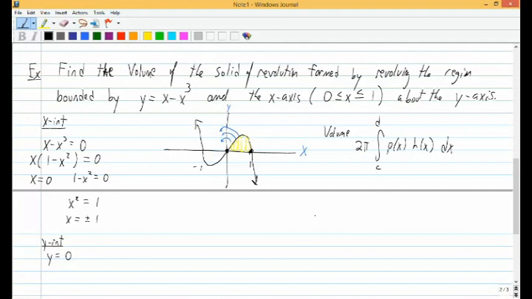So let's figure out the formula that we use. Volume equals 2 pi times the integral. Remember, c to d means that we want to use y points. So we are going to have to know where this highest y point is.